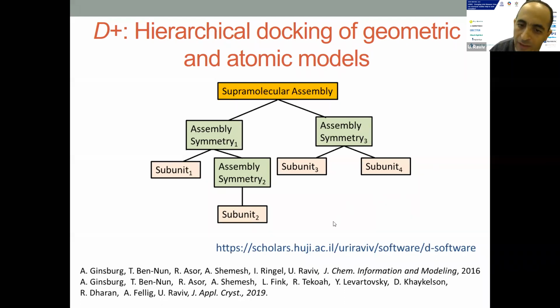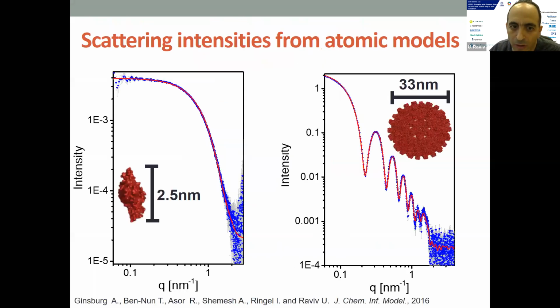And we could use either atomic models, if they are available from the PDB, or geometric models in case they are not. So in that way, we can model what should be the scattering curves of very complicated structures. So this is one challenge that was on the way.